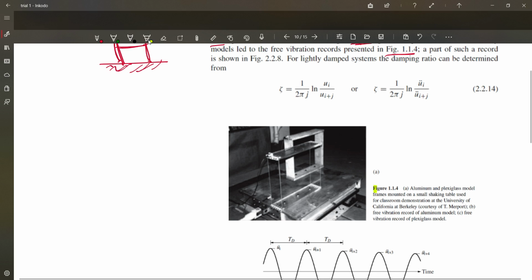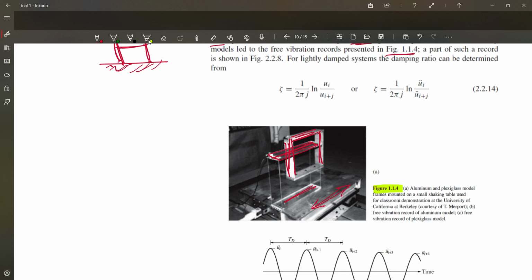This is figure 1.14, where we have two different types of models in an experiment. It was done at the University of California, Berkeley, and we have plexiglass and aluminum. As you can see, this is maybe the plexiglass model on what seems like a shaking table, and here we have the aluminum test model.